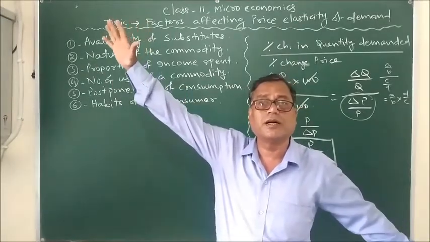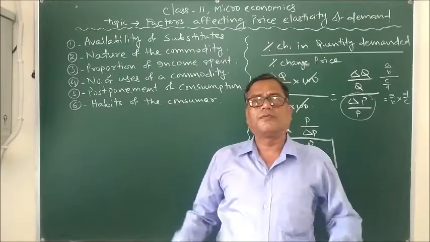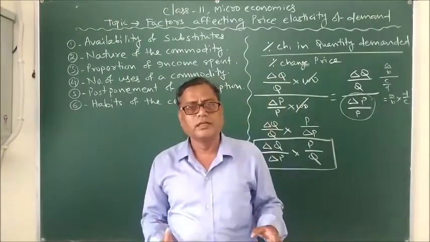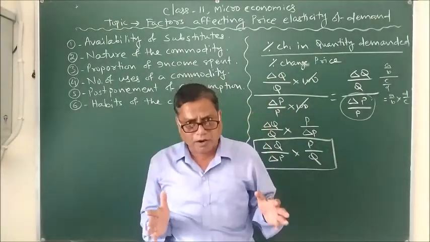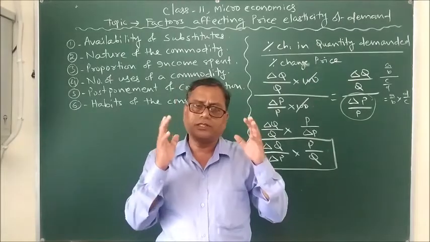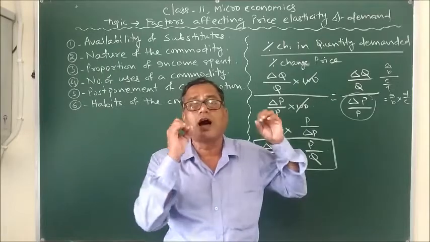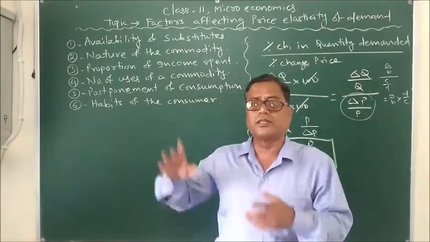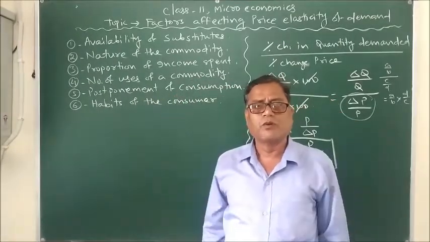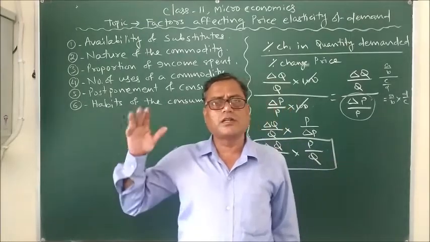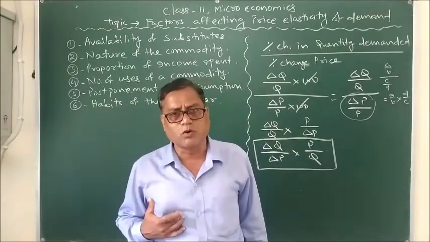of elasticity of demand. On the other hand, if the goods that we are considering is a comfort, it means it increases our efficiency, but it is not highly essential. Luxuries are those goods that satisfy our ego or vanity.